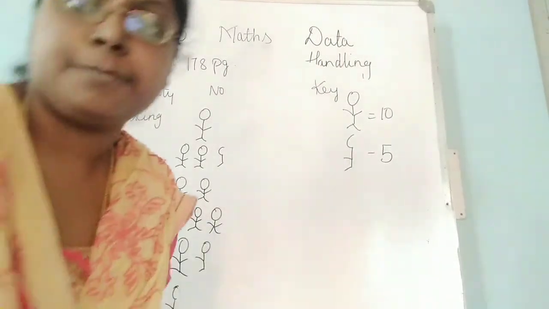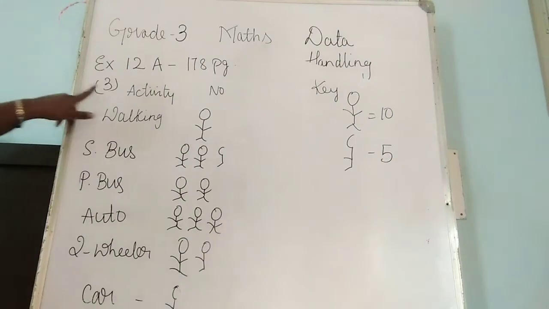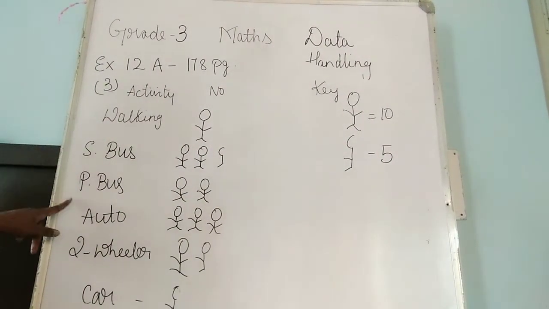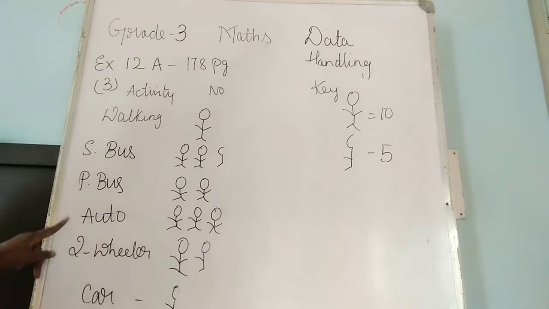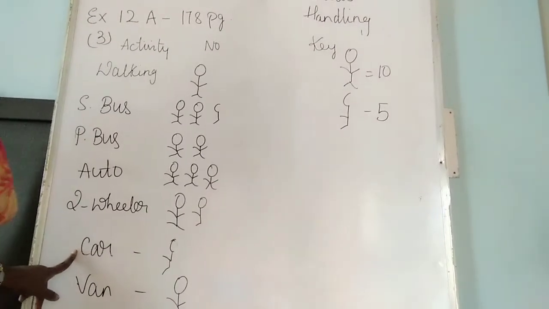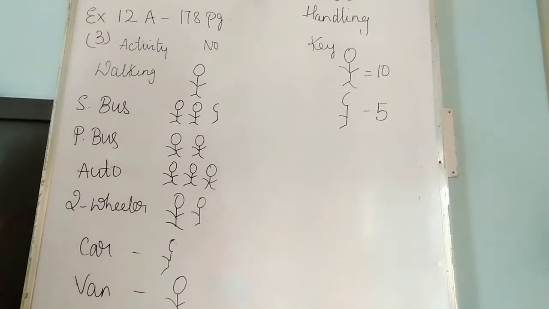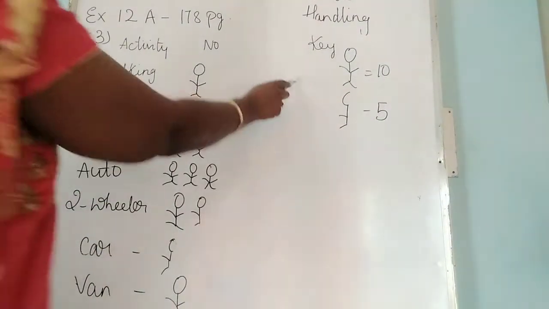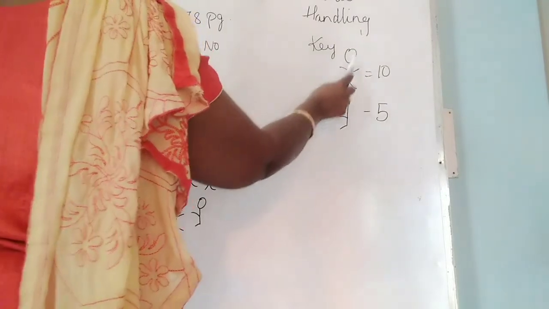So your mode of transport is walking, school bus, private bus, auto, two-wheeler, car and van. Next you have to see the key part. What is the key given to you? The key is one human being, one doll.